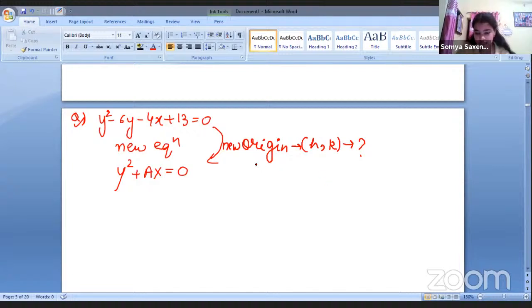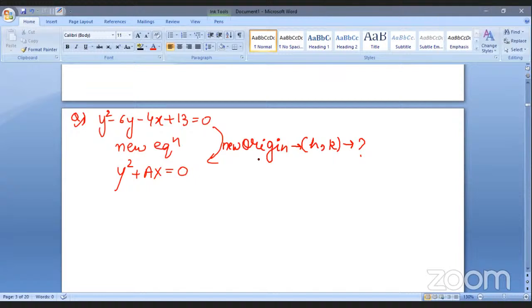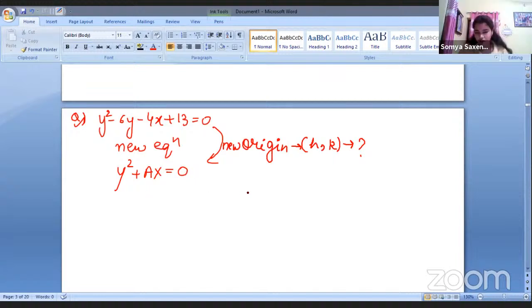Okay, so try it for 1 minute. Just one hint, that you have to bring whatever equation you are getting in this form. So just try to bring it in this form and we'll discuss. Try it.